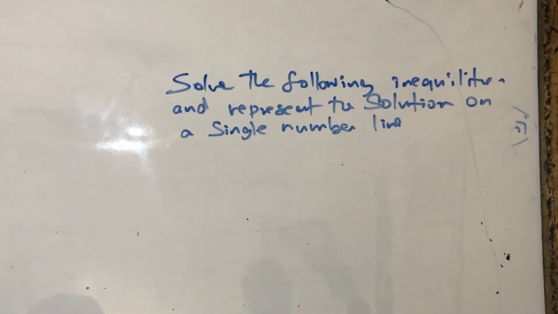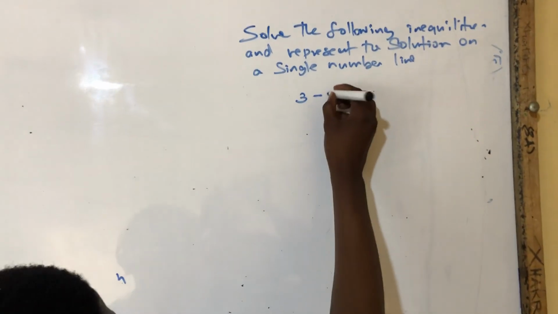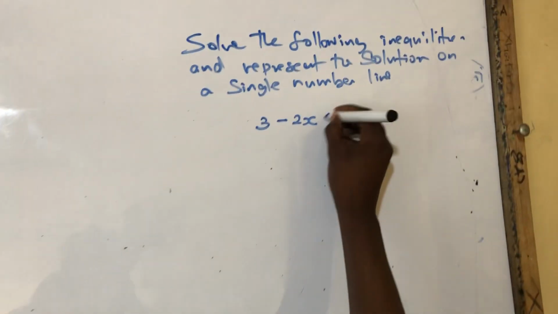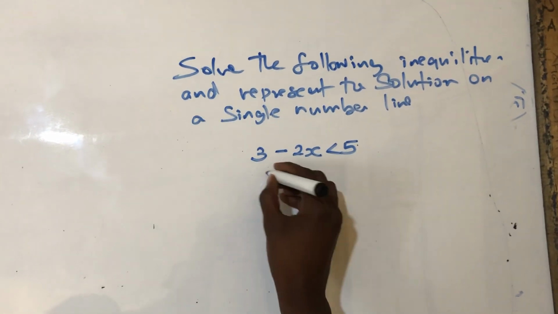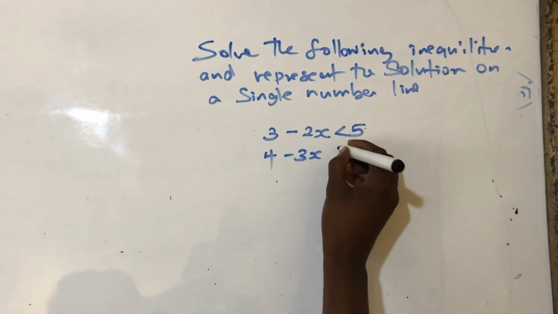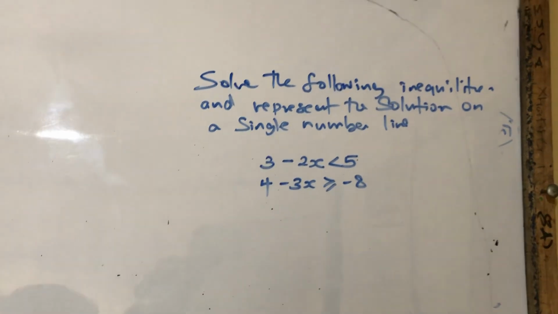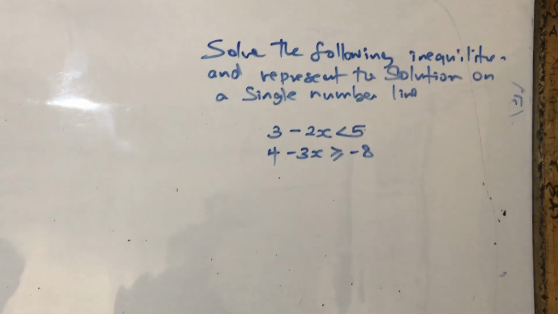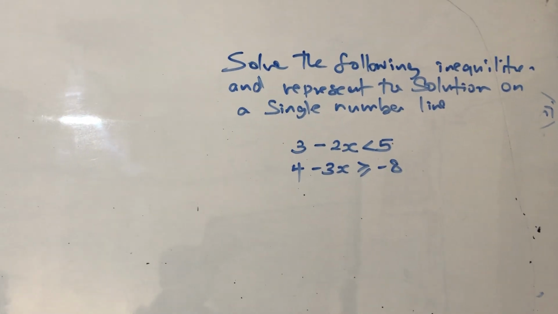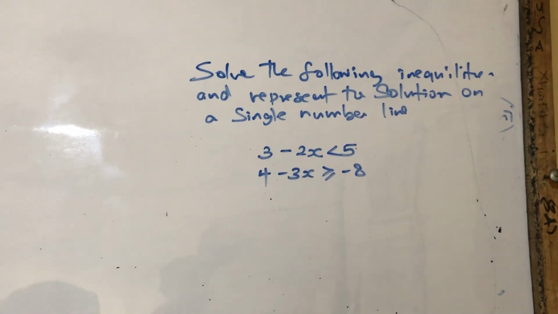And we are given 3 minus 2x is less than 5 and 4 minus 3x is greater than or equal to negative 8. You are required to solve these inequalities and represent the solution on a single number line.